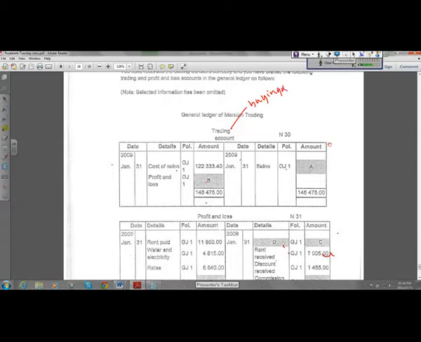In the trading account, we are talking about two things basically: the sales that we have made, and the cost. In accounting, we call that cost of sales.